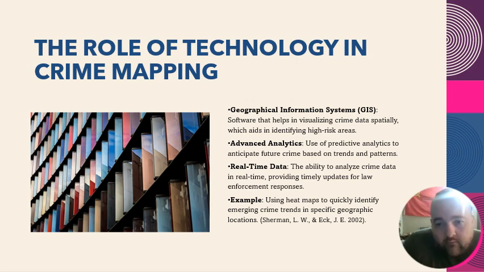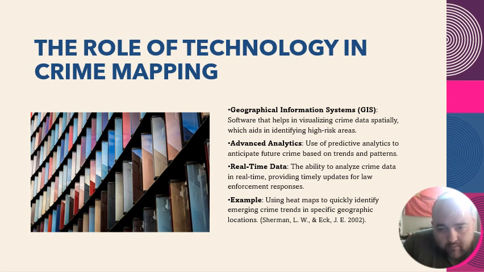Advanced analytics is the use of predictive analytics to predict future crime based on trends and patterns. Real time data is the ability to analyze crime data in real time, providing timely updates for law enforcement response.